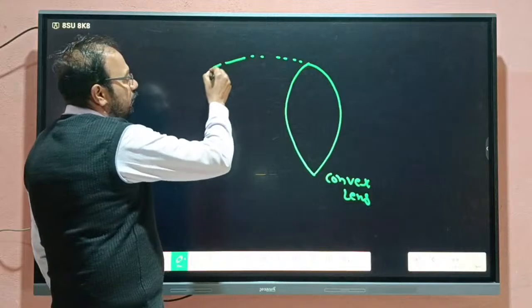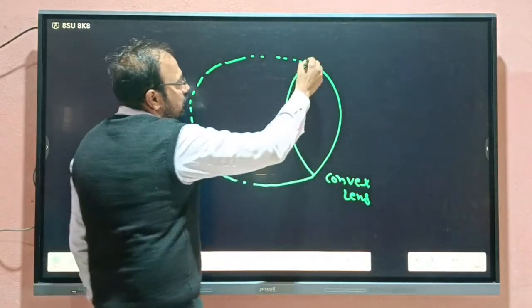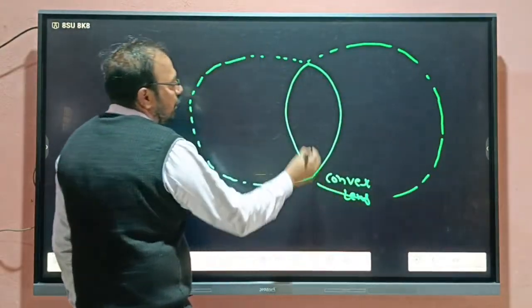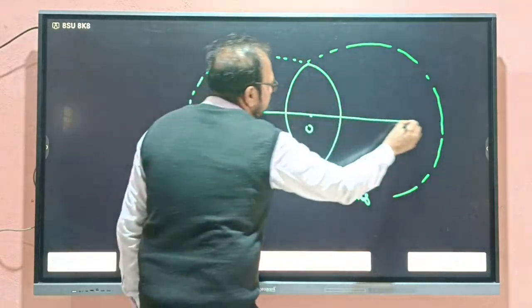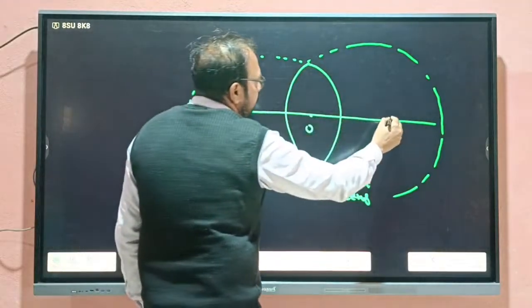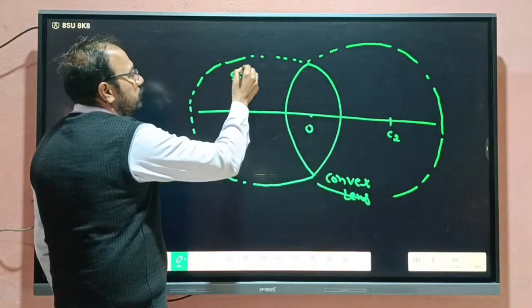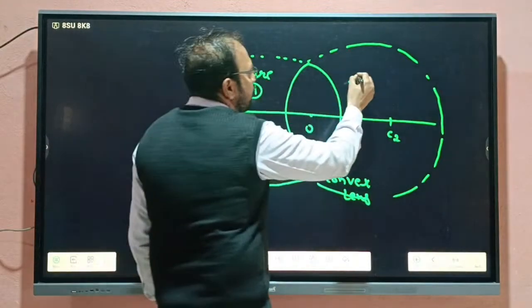The first spherical surface is this, and the second spherical surface is this. So this is the center point O. If we draw a line, for example, this is C1 and this is C2. This is sphere 1 and this is sphere 2.